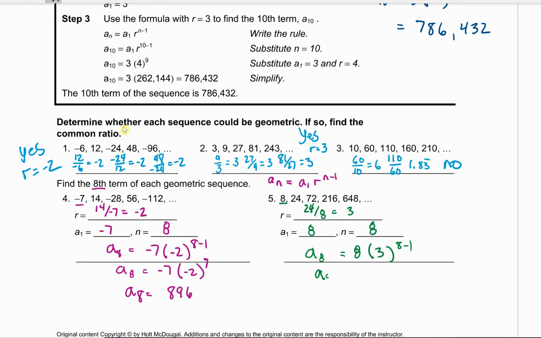So a sub 8 will be 8 times 3 to the 7th, which is going to be another very large number. In fact, it is 17,496. So these numbers get big pretty darn quick.